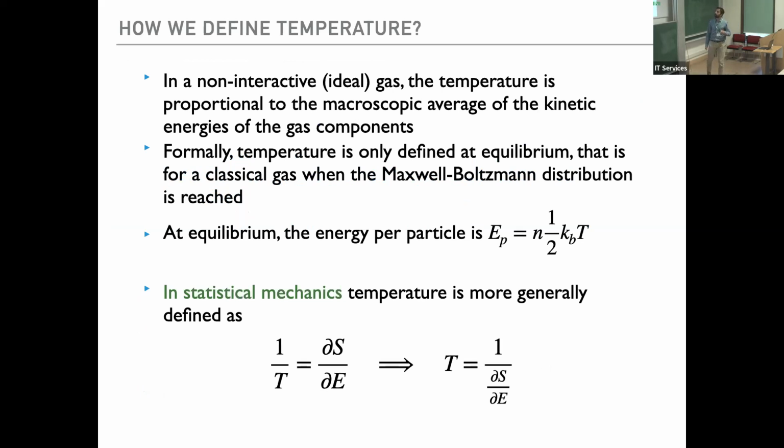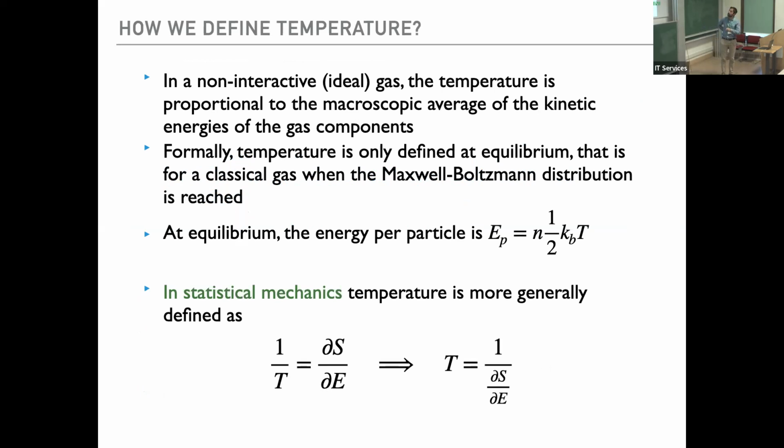General recap: how do we define temperature in physics or in mathematics? First, in a non-interacting ideal gas, you can think that temperature is proportional to the macroscopic average of the kinetic energy of the gas components.